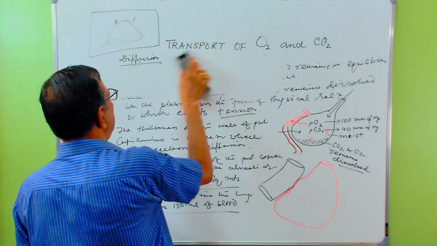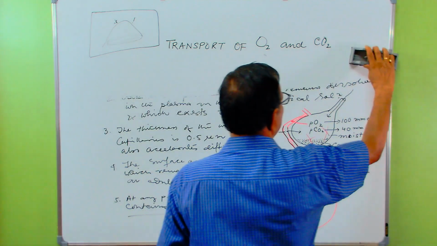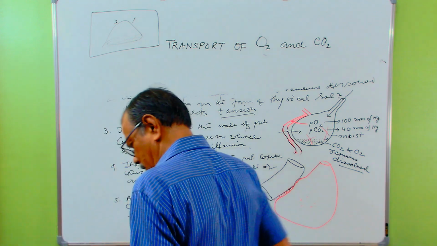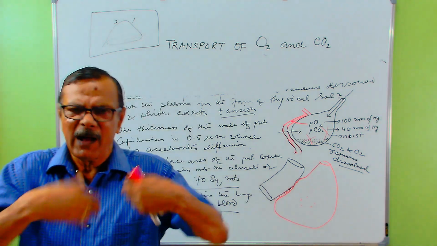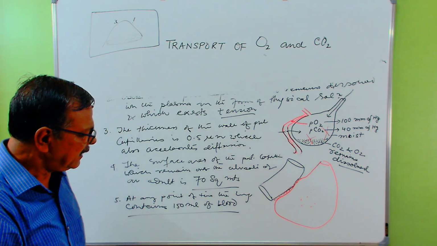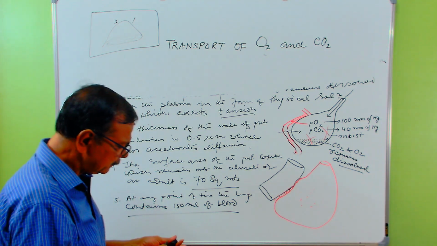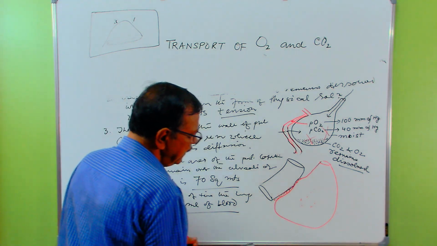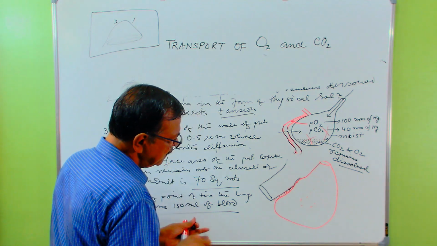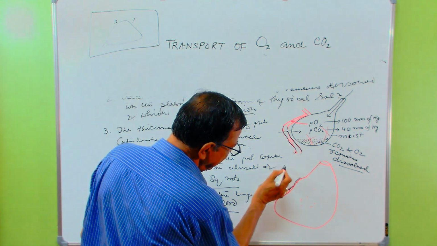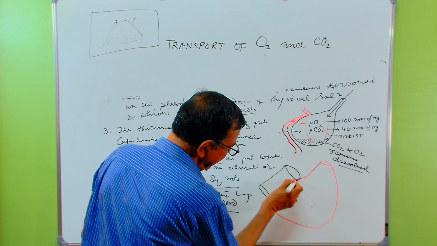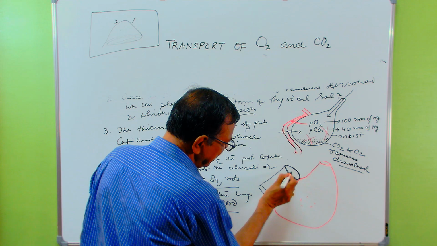This you should know, because only knowing oxyhemoglobin and carboxyhemoglobin is not enough for your classes. And the last one I would say is the diameter.